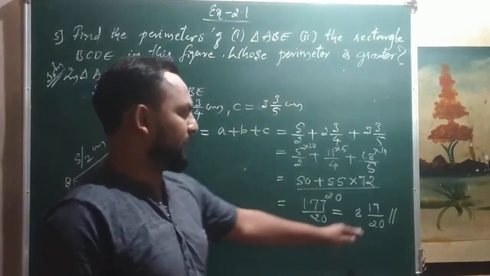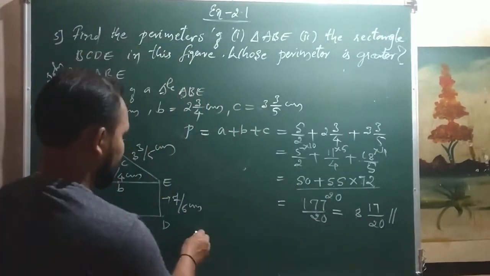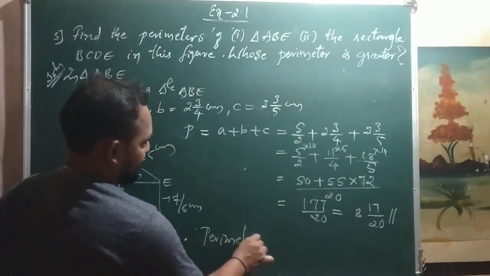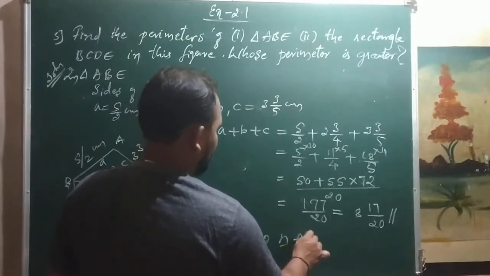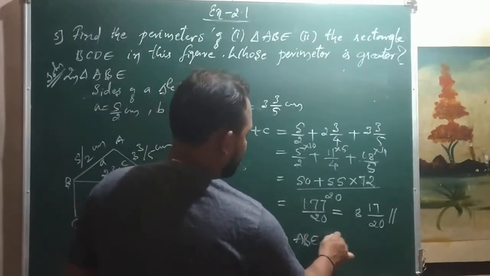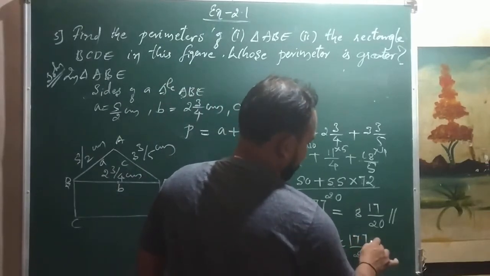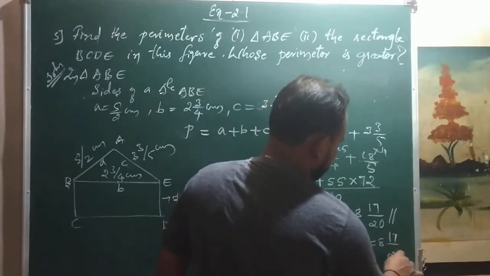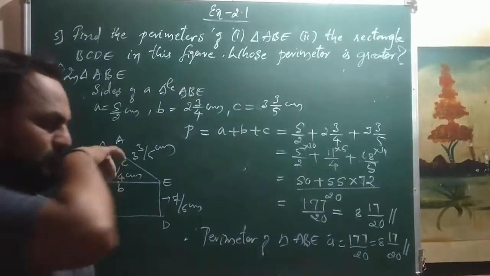Then this is the perimeter of a triangle. The perimeter of triangle ABE is 177 by 20, or in the simplest form 8 integer 17 by 20.